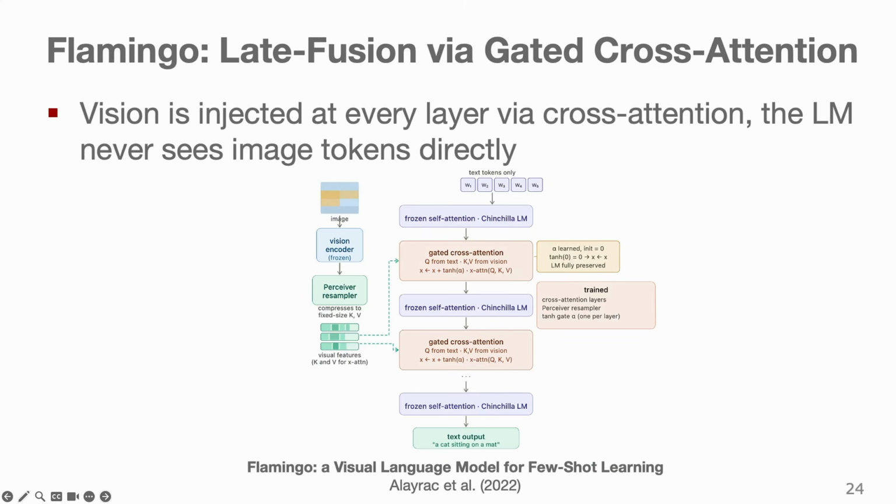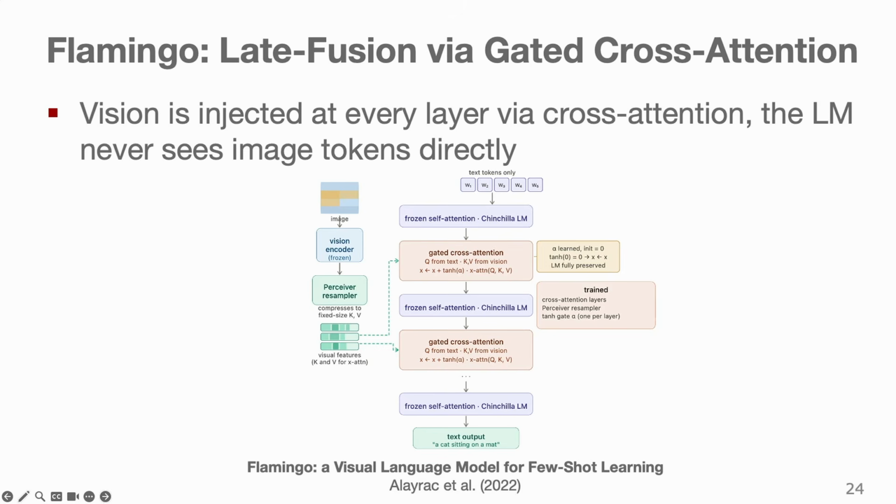Then there is a third way that comes from the Flamingo paper, called late fusion via gated cross-attention. And this is contrasting to LLaVA's early fusion approach. The key distinction is how and where vision gets injected into the language model.